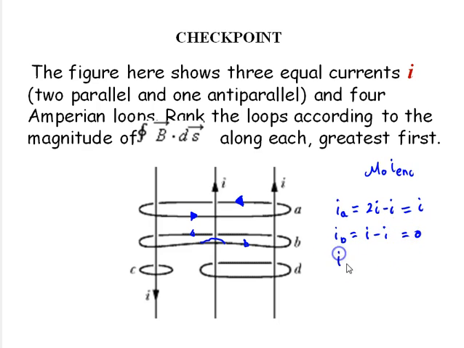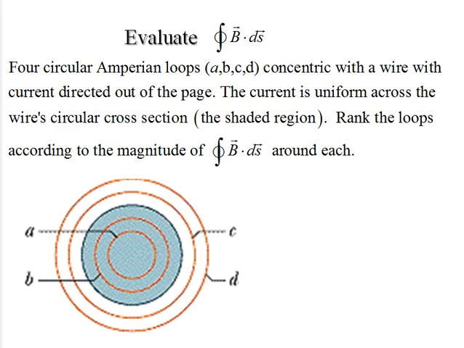Where if we look at I_C, if we go in this direction again, well, our mu naught I encircled, due to our right-hand rule, is going to be equal to negative I, but we're asked to rank the magnitude, so it's just going to be equal to I. And because our direction of Amperian integration is not told to us, we selected this, and our I_D is going to be equal to I plus I, or 2I.